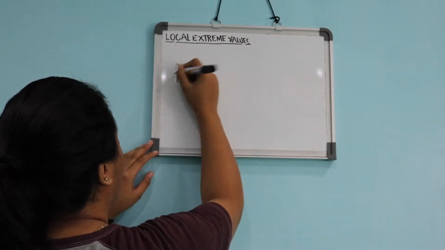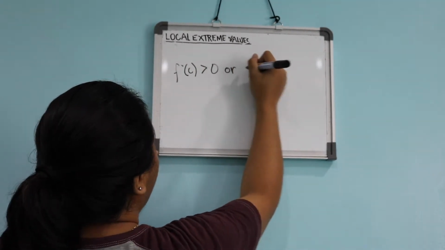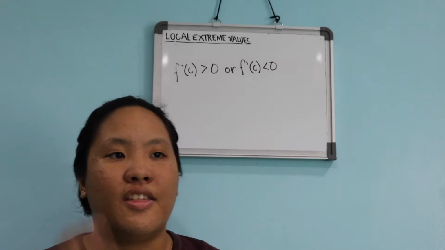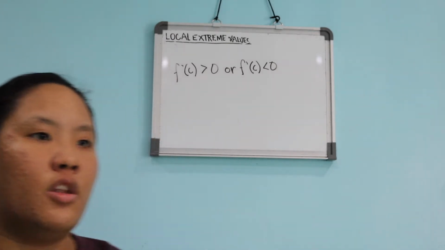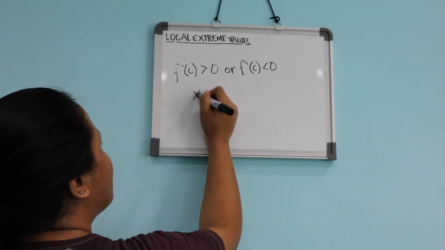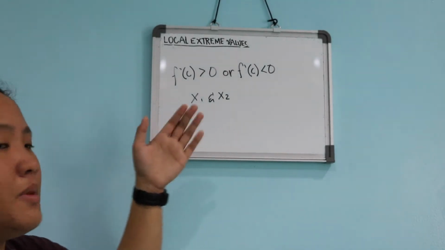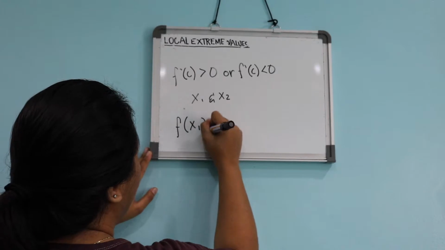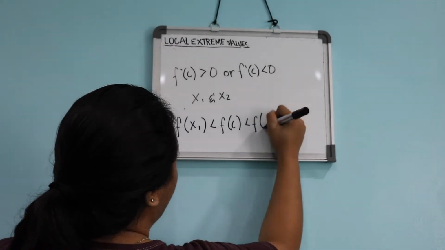If f prime of c is greater than 0, or f prime of c is less than 0, then there must be points x sub 1 and x sub 2 close to c for which f of x sub 1 is less than f of c, which is less than f of x sub 2.